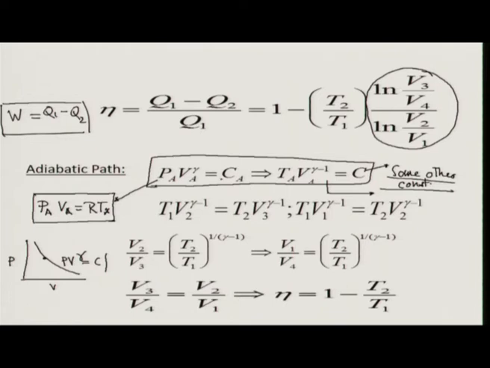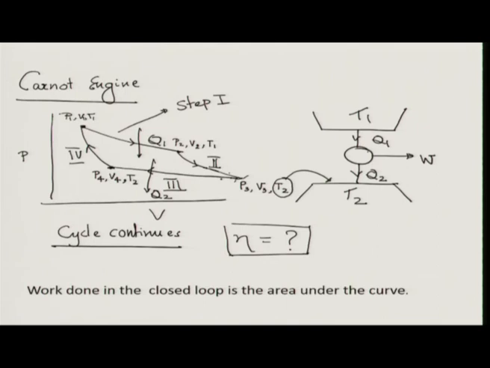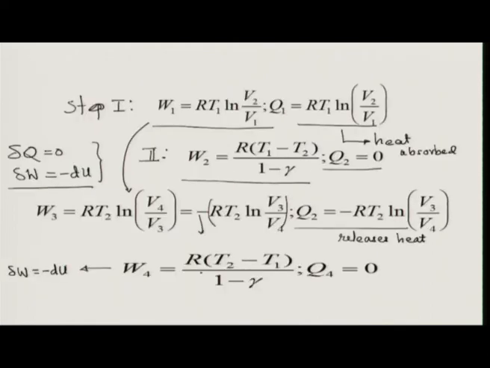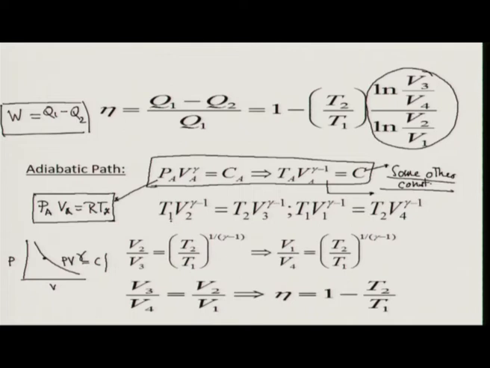So now go back. These two paths, this connects V2 T1 to V3 T2. So I must have this relation T1 V2 gamma minus 1 equals T2 V3 gamma minus 1. This should be always true on this path, which I designated by step number 2.